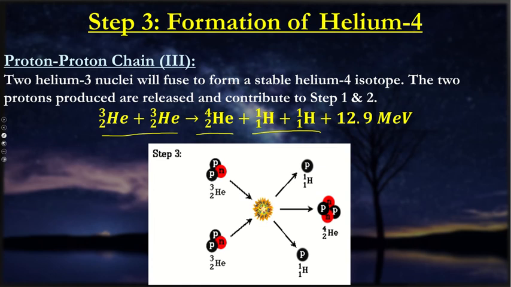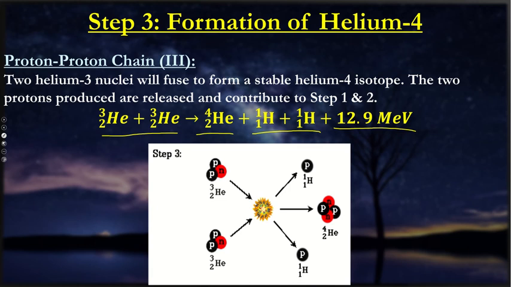So it can collide together to make hydrogen 2, or it could collide with a hydrogen 2 to make helium-3. Okay? This last step only occurs once. So unlike the first two steps which occur twice, this only occurs once, and it produces 12.9 mega electron volts of energy. Okay? So that's what we have.